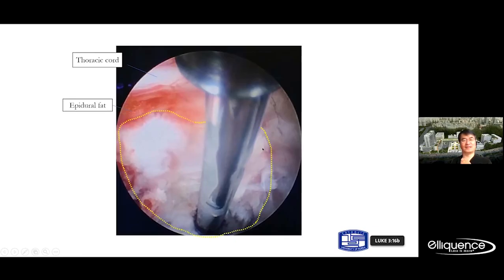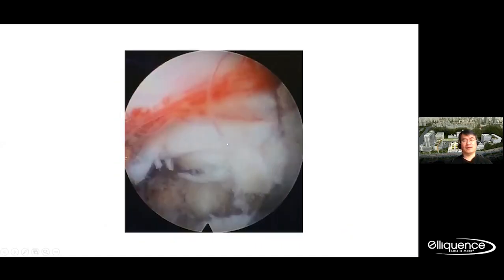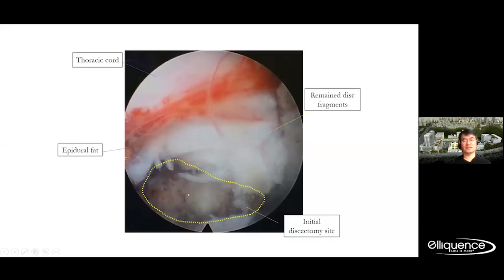And you can see the thoracic cord, slightly see the epidural fat there, and a large and huge ruptured fragment. And once I remove the thoracic giant disc herniation, this is the initial discectomy here. This is the remnant disc here.